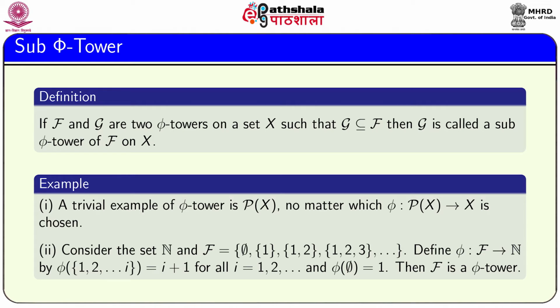Define phi from F to the set N by phi operated on the set {1, ..., i} is equal to i plus 1 for all i equal to 1, 2 etc. and phi of the empty set is equal to 1. Then it can be checked very easily that this collection F satisfies all the 3 conditions for phi tower and therefore, it forms a phi tower.